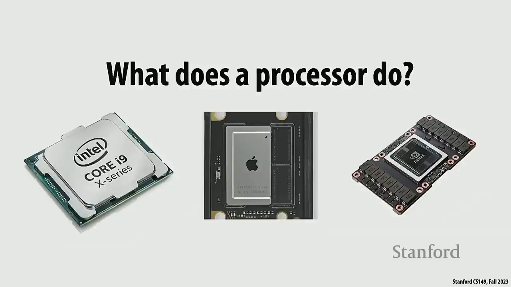If a program is a list of instructions, what does a processor do? I'll let you talk it over for a second. And for those of you that just said executes the instructions, which is a perfect first answer, my follow-up is, what does it mean to execute those instructions? What does executing an instruction do?